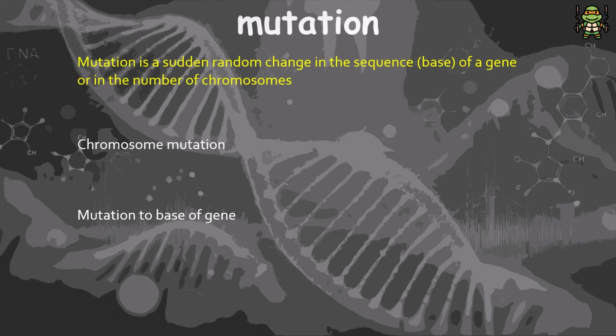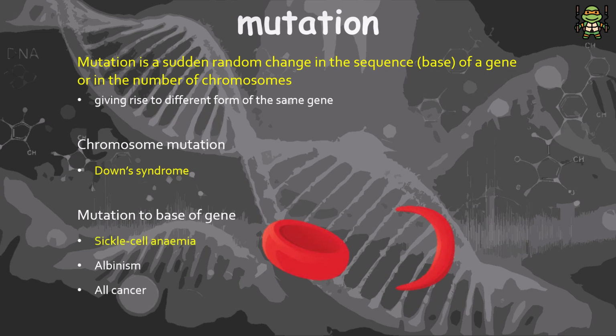Mutation is a sudden, random change in the sequence of bases of a gene or in the number of chromosomes. This gives rise to different forms of the same gene, which can result in variation. An example of a change in the number of chromosomes is the case of Down's syndrome, while mutation in genes causes conditions such as sickle cell anemia, albinism, and various cancers.